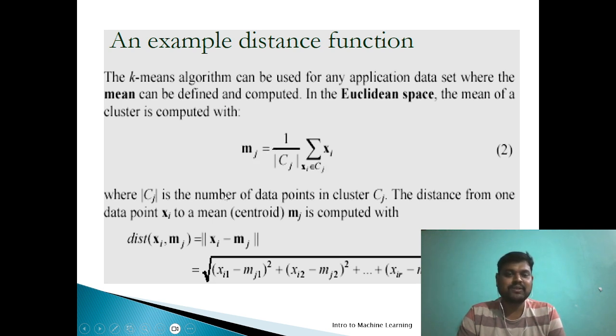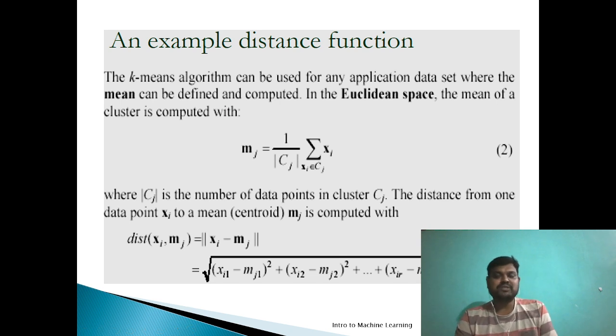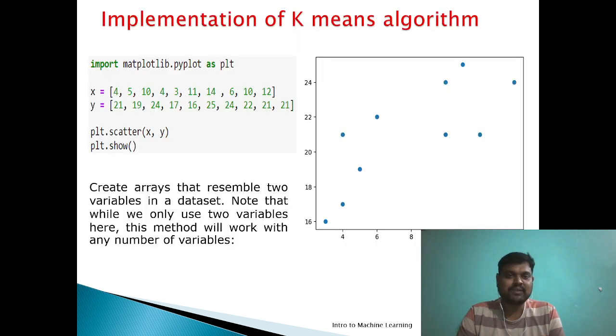Here c denotes the number of data points in cluster Cj, and the sum of data points to the centroid mean is computed with this formula. As I said, the similarity value should be large if the two data points are similar.